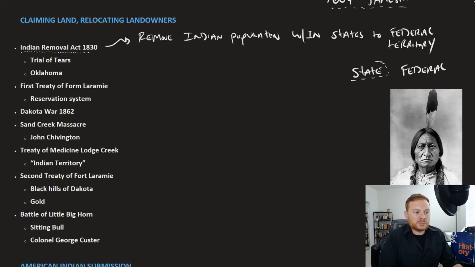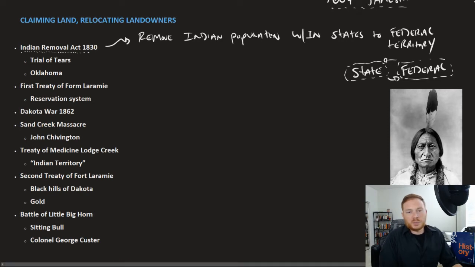You had tribes that were living within various states, Georgia in particular. The states wanted to remove the Indians. The federal government, for the most part, at least the judicial branch, wanted to honor the treaties that were made with those tribes. But the executive branch, the president at the time, Andrew Jackson, and the Congress and the states eventually won out. And so those who did not comply with the Indian Removal Act were forcibly moved.